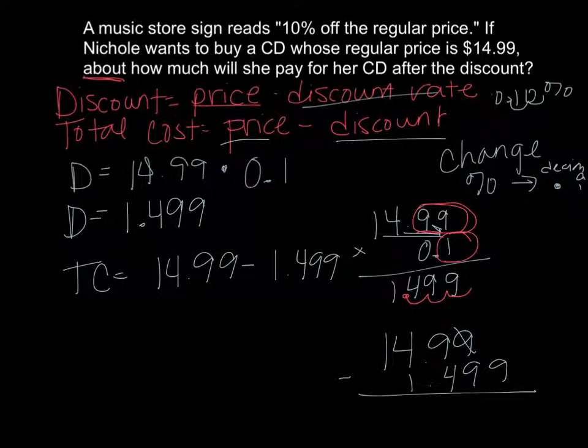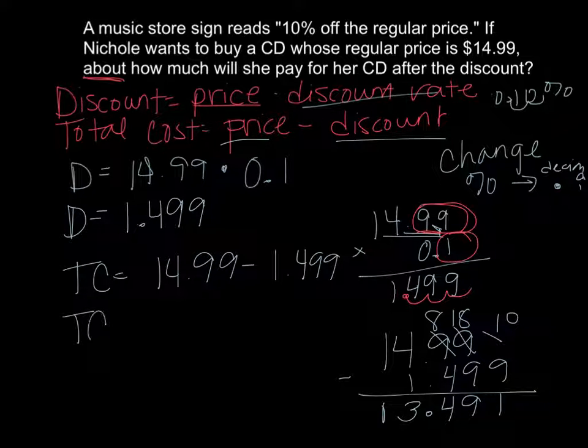So I would go here, this would be an 8, this would be a 10. So I get 1, 9, 8 minus 4 is 4, 4 minus 1 is 3, 13, 49.